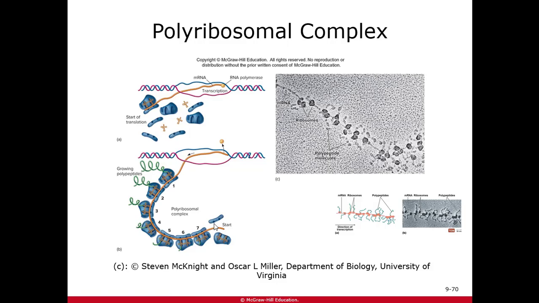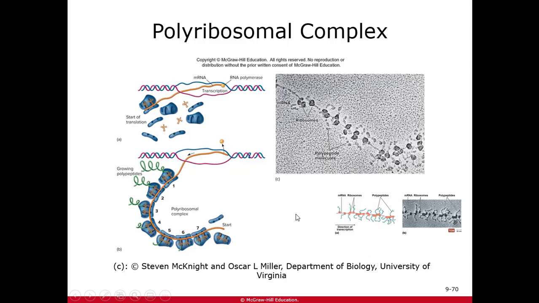This is showing an actual picture of a messenger RNA, multiple ribosomes attached onto it, reading it, and you can see those little amino acid sequences that we're making coming off of it. So it speeds it up. You can take one book page and mass produce a whole lot of protein, whatever it is that we're going to make.